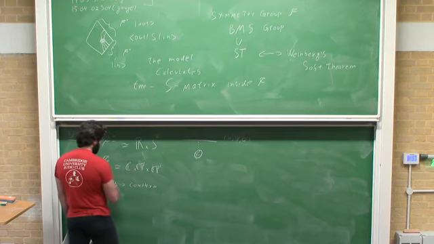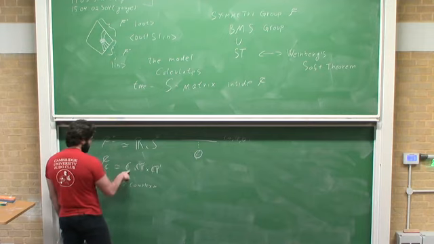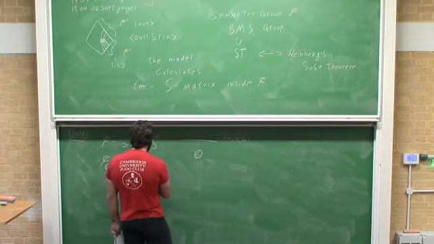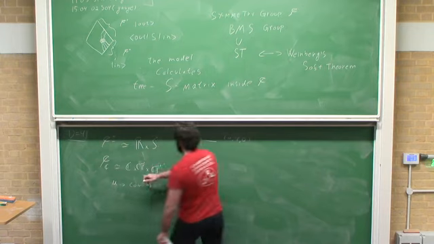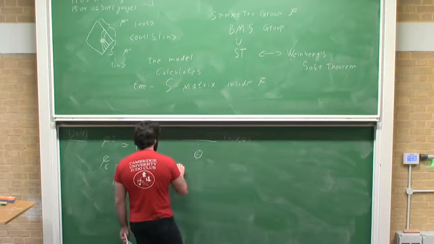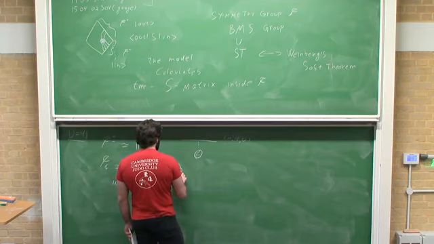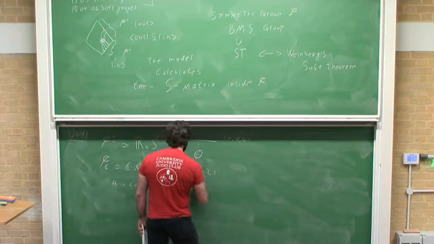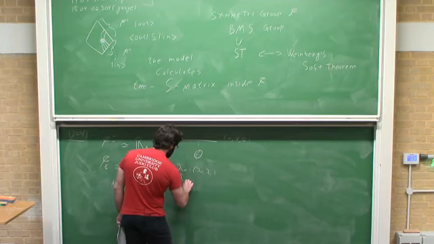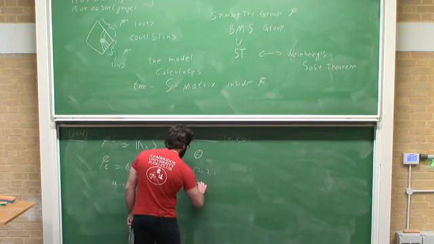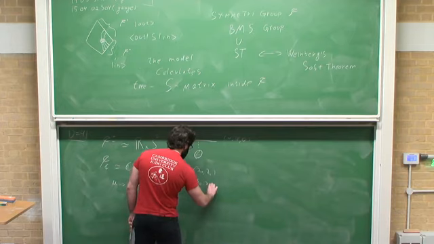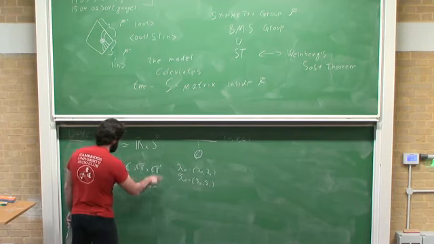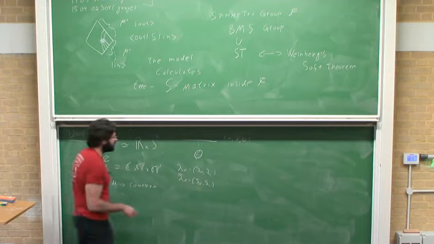So I have a coordinate u for the C factor, and two homogeneous coordinates, one for each of the CP1 factors. One I'm going to call lambda alpha, this is lambda 0, lambda 1. The other one is lambda tilde alpha dot, which is lambda tilde 0, lambda tilde 1. So I have too many coordinates here for this space, which is a three-dimensional complex manifold.